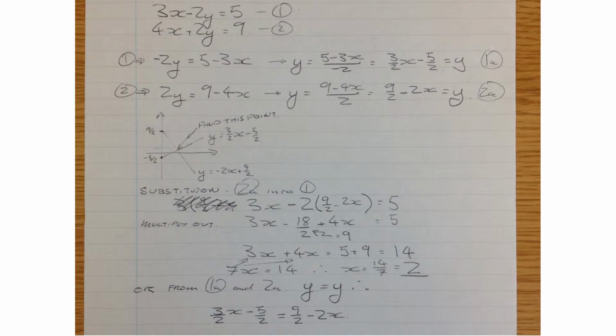Okay, so first of all, these are the two equations, equation 1 and equation 2. And the first thing I'm going to do is rearrange those equations to make y the subject in both cases. When you're rearranging equations, you've got to remember you're just doing the same thing to both sides.